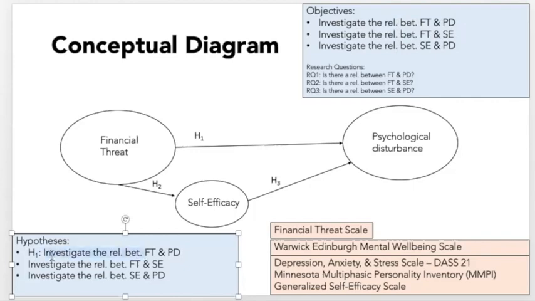You can say financial threat and psychological disturbance has a significant relationship. Now, one could ask, why do I put the word significant? In quantitative research, you have to run a statistical analysis to see whether they are significant or not.